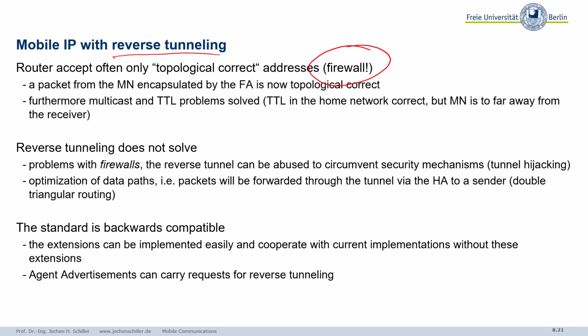Plus, instead of having this triangular routing, we now have this kind of going forward and going backward. So kind of two times triangular routing, or at least part of the triangle. So that's not very efficient, but at least the standard is backward compatible. And the agent advertisement, I indicated this already, they have this little bit that may say, okay, I want to have reverse tunneling.